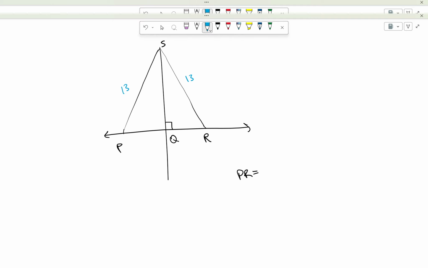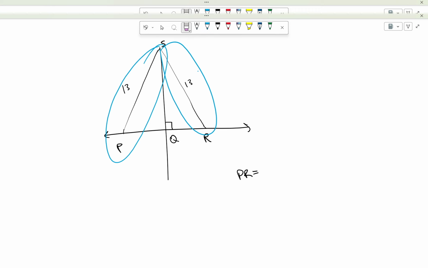Oops, I'm sorry, I put that in black. Let's go ahead and put that in blue. And then our work that we're concluding afterwards will be in blue. All right, so we've got to figure out what PR is. Well, it means I've got to figure out this entire segment. Well, what I know is that if these are congruent as marked, this guy's congruent to this guy, meaning this guy's got to be congruent to this guy because it's a perpendicular bisector, right?